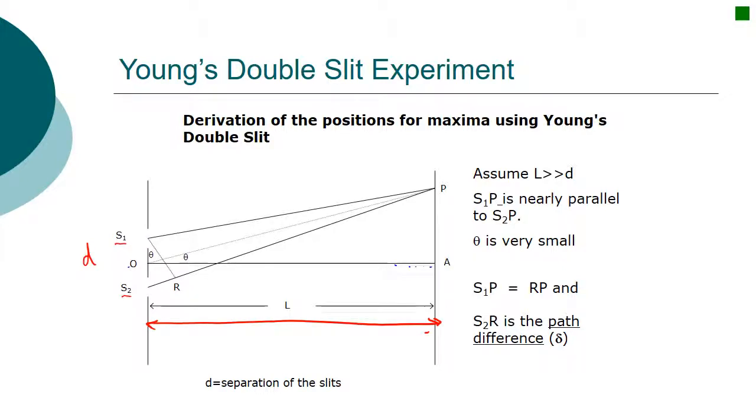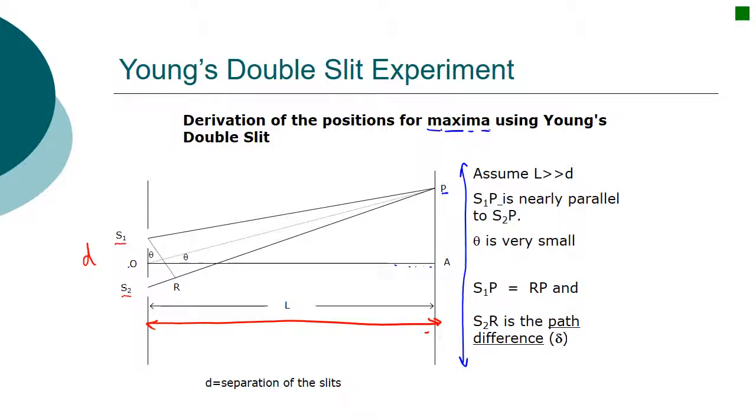The other thing we can see is our screen, which is down this end here. We are going to be at a reference point called P. You can imagine along this screen we've got bright fringe, dark fringe, bright fringe, dark fringe, and all the way up at point P we're looking at a maximum.